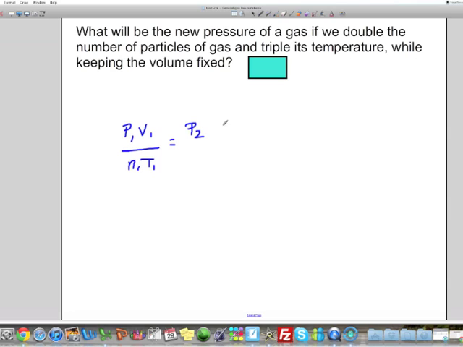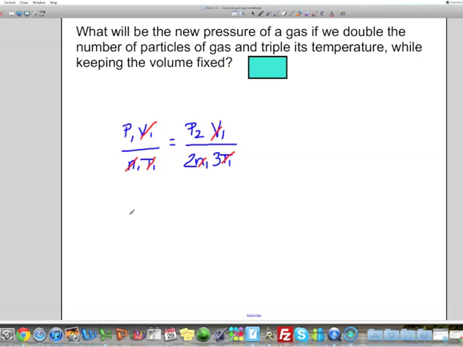If we double the number of particles of gas, so we have 2 times N1 because we doubled the particles, triple the temperature, so I have 3 times the value of T1, while keeping the volume fixed, so V1 remains the same. So now we'll simplify using another color. My V1s remain the same, so I can cancel them out. My T1s cancel out. My N1s cancel out.